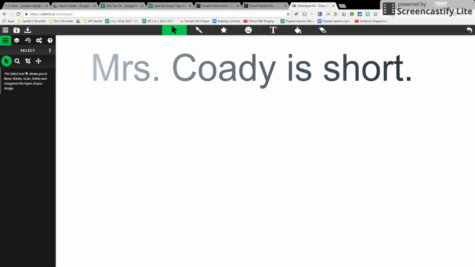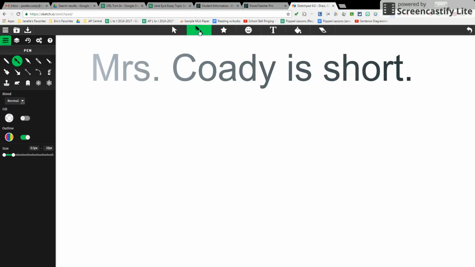Regardless of whether you have an adjective or a noun complement, you're going to diagram it and mark it the same. So let's start with the basics, the subject and the verb. Get my pen. The subject is Mrs. Cody. And in this case, the verb is really a helping or linking verb. So it's just is.